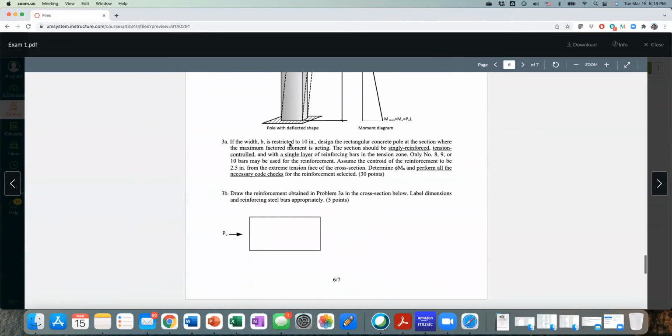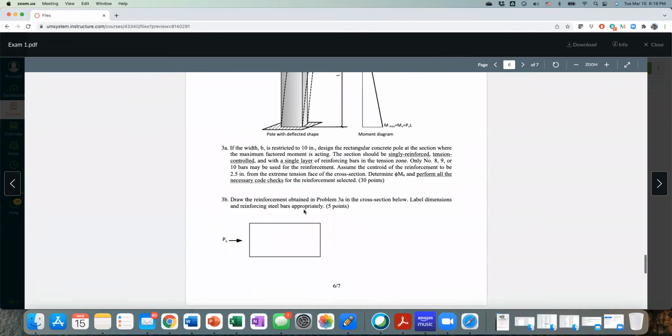So think about it, you're talking about this problem. If beam width is restricted to 10 inches, do you see this? Okay, yeah. So what you need to do is calculate your B min depending on how many bars you have in the section. You can do that. Can you? Yeah, okay. So now you have B min, you have 10 inches. All you have to do is see if the B min is bigger than 10 inches.